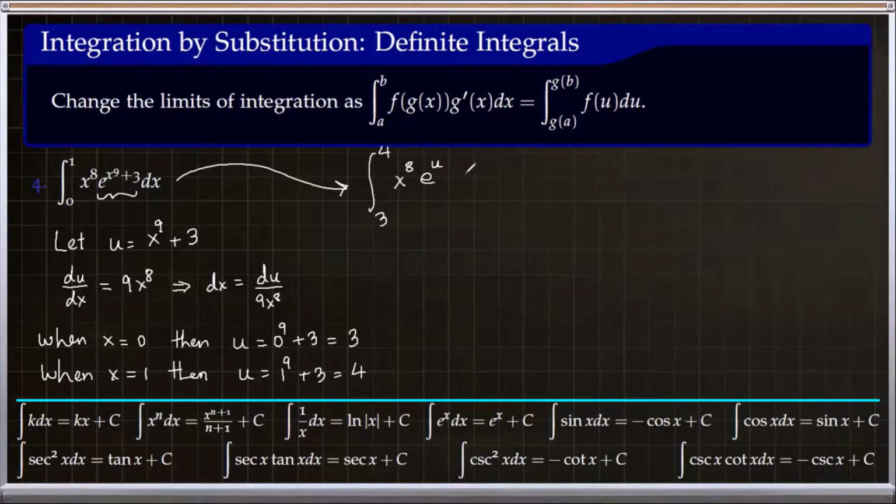Then dx, we wrote that in terms of u as du over 9x to 8. It looks like x to 8 gets cancelled out like that. So we are left with 1/9 from here, an integral from 3 to 4 of e to u du.